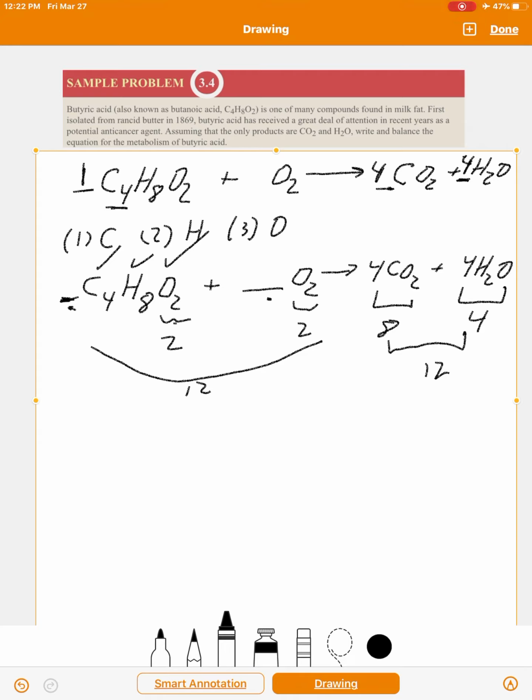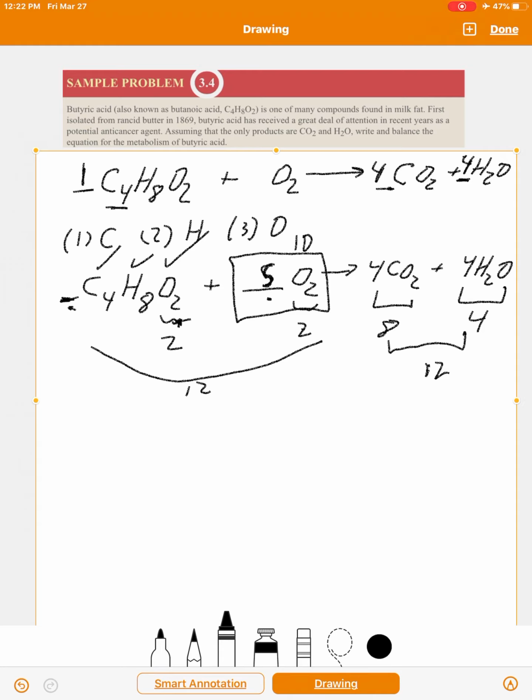So that means we need 10 here for the oxygen in the O2, right? Why 10? Because you got 2 here and you need 12. So 12 minus 2 is 10. So that means we need 10 here. What times 2 is equal to 10? 5 times 2 is equal to 10. So let's try that. Let's put a 5.